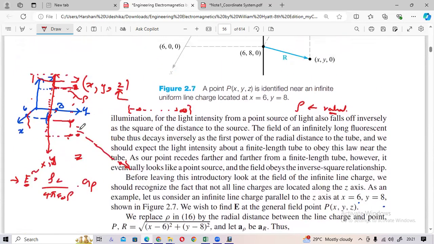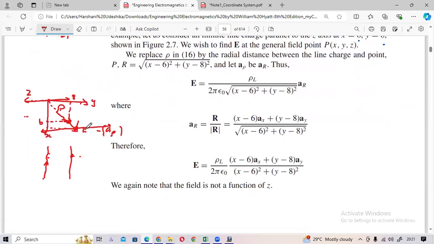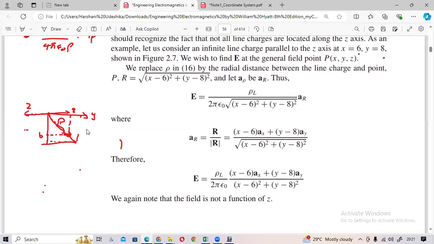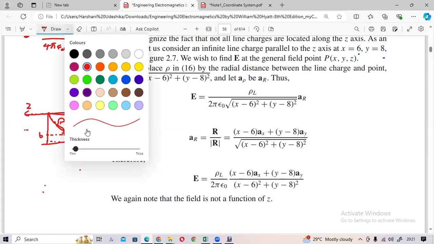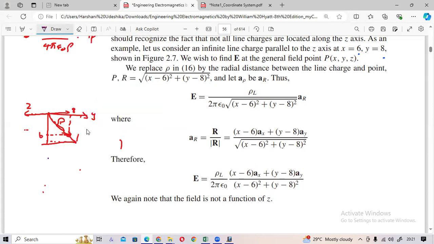Now, if I want to calculate the radial distance, you are considering any point. You need to consider the Z axis, and only the X and Y axes. So you are getting a common point, maybe here.